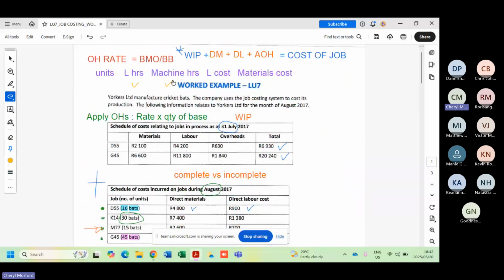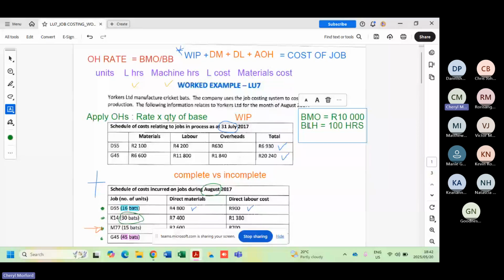Shall I make up a quick example? Yes, let's just go with the flow on this one. Let us say the budgeted manufacturing overheads is, let's make up an easy number, 10,000. And let's say the budgeted labor hours is 100 hours.